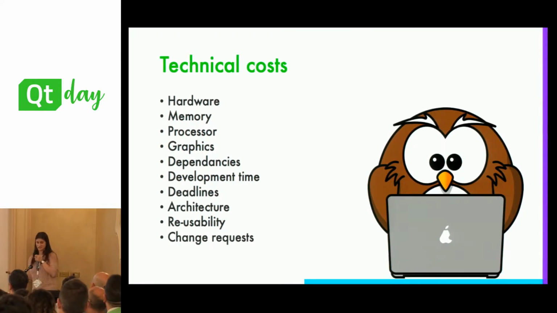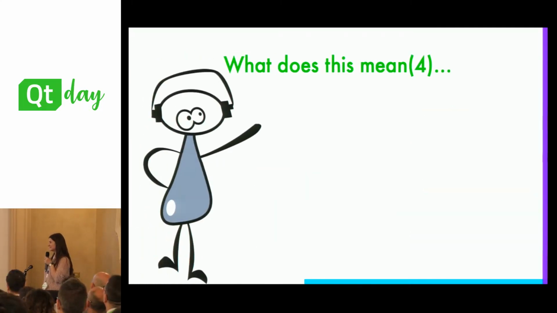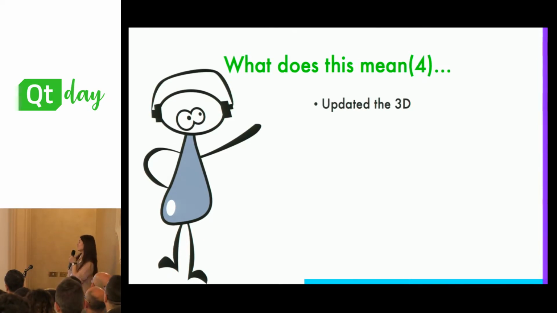What does this mean? Designers are usually not satisfied, or never satisfied, with the first version of the UI. So they usually come back, and the show is starting again. Hey, we have updated the 3D model, so you have to update the software as well.